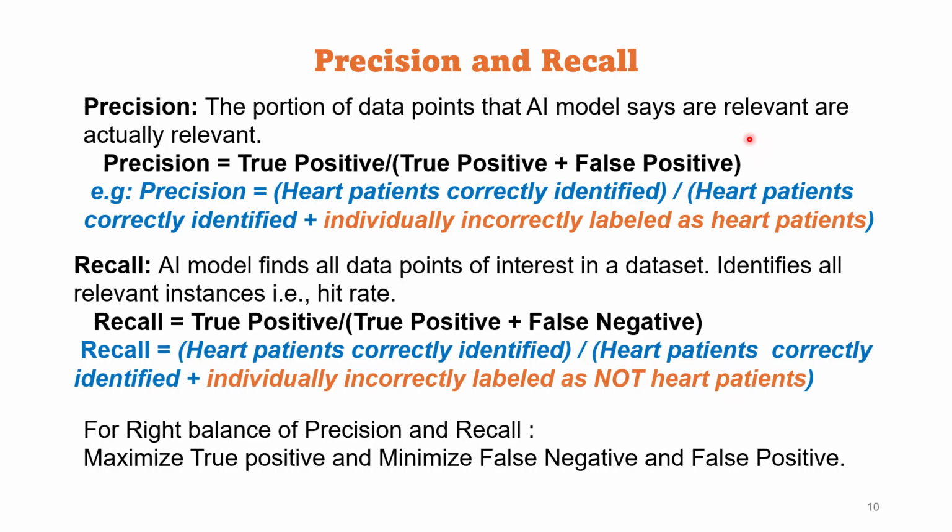That is, for example, precision is equal to heart patients correctly identified divided by the sum of heart patients correctly identified and individuals incorrectly labeled as heart patients.